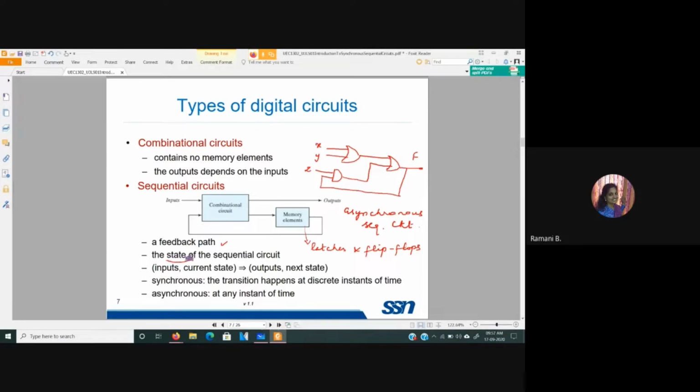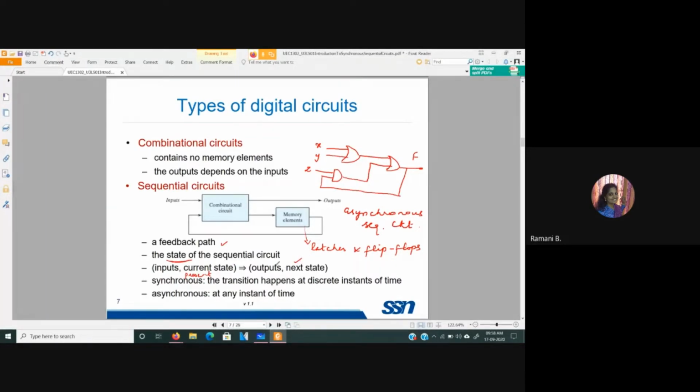Because as we are having a memory element included in it, we name them the present state. So here instead of current state, you will come across the term present state a lot, and the next state. Okay. So at this instant, what is my corresponding value? That we call the present state, and one time unit afterwards, what the value of that particular variable is going to be, that we call the next state.